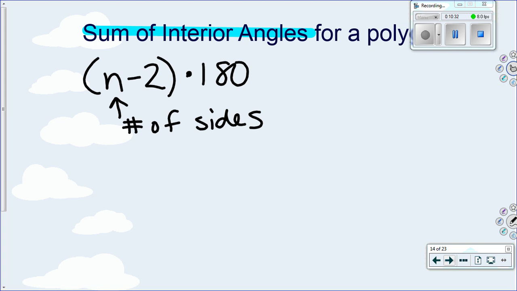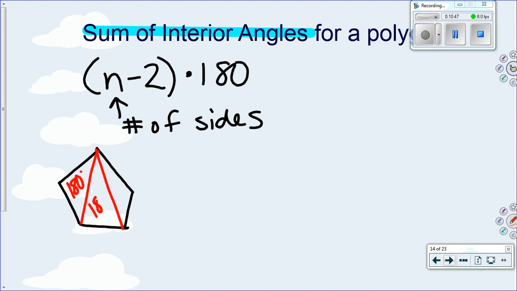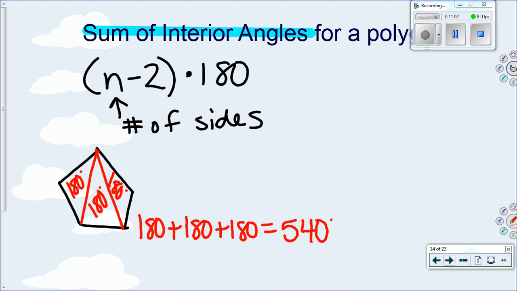We're going to talk about a pentagon. Okay, we're going to break this into our 3 triangles like we talked about before. This is 180 degrees, this is 180 degrees, this is 180 degrees, which we know 180 plus 180 plus 180 gives us 540 degrees.